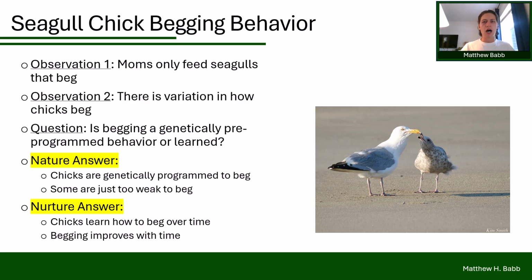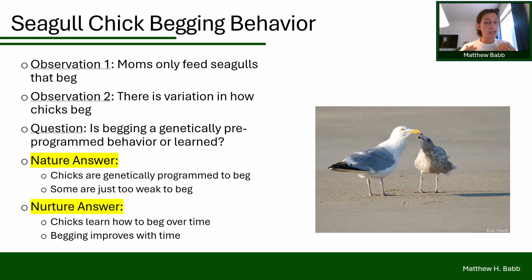And so it turns out that there is some variation in some of this behavior. The moms will only feed seagull chicks when they beg, and then there's variation in how the begging happens. And so the question is, is this begging a genetically pre-programmed behavior because it happens at such a young age, or is it learned?